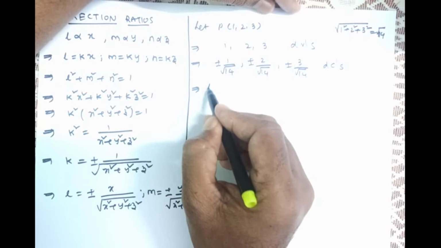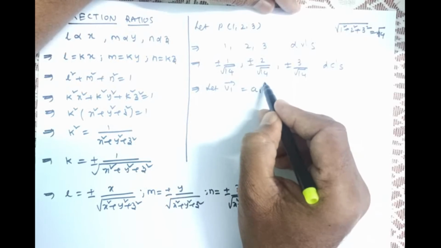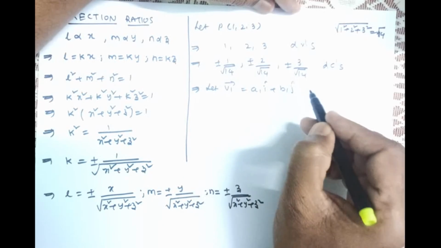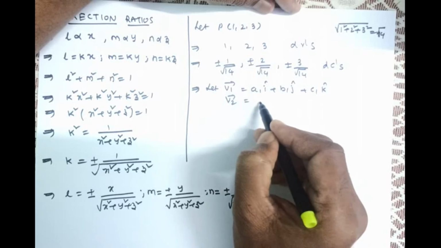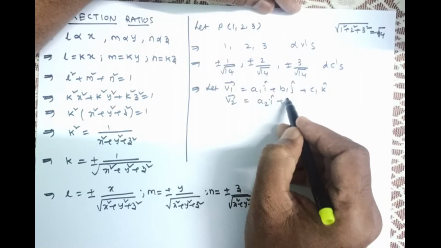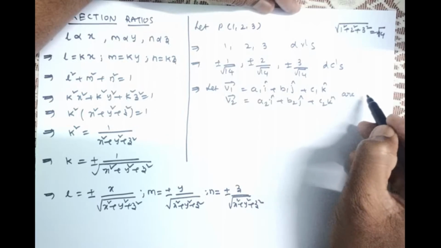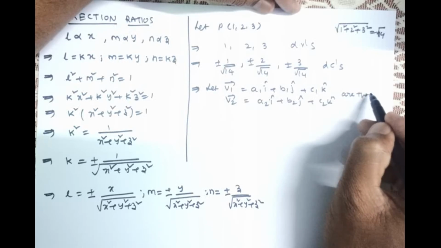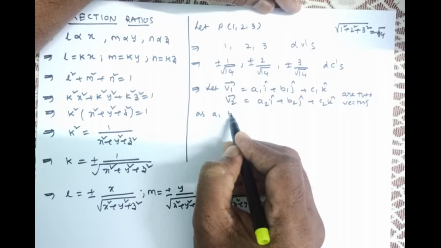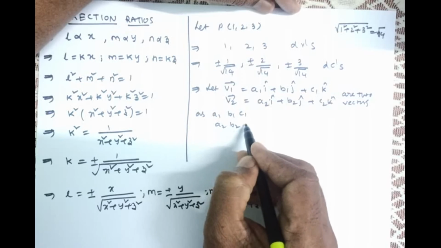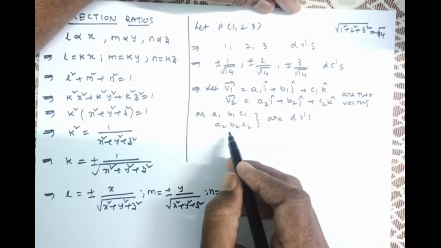And here, let two vectors v1 bar is equal to a1 i cap plus b1 j cap plus c1 k cap and v2 bar is equal to a2 i cap plus b2 j cap plus c2 k cap, or any two vectors, with a1 b1 c1 and a2 b2 c2 as DRs.